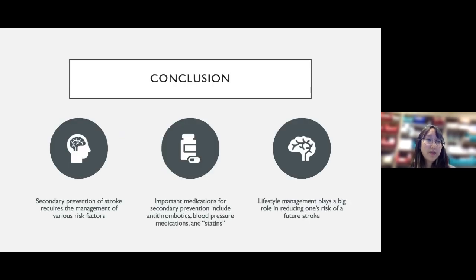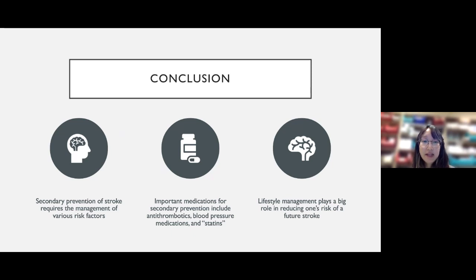And in conclusion, we spent some time today discussing secondary prevention of stroke, what it is and what it entails. So secondary prevention of stroke is going to require the management of various risk factors, particularly our modifiable risk factors.